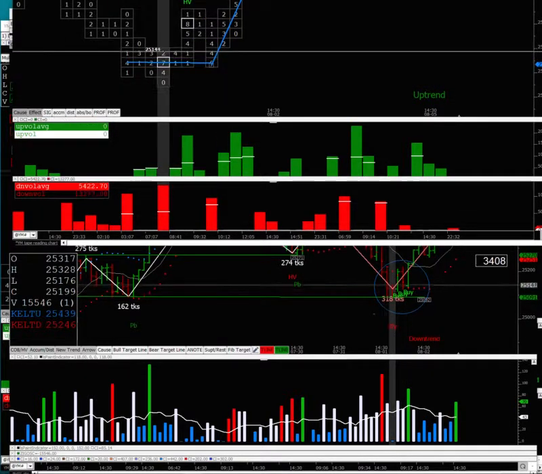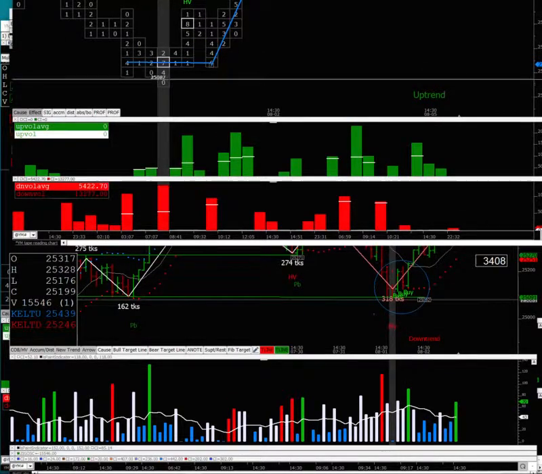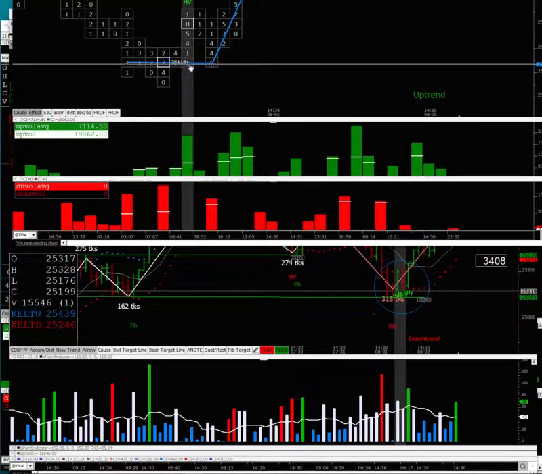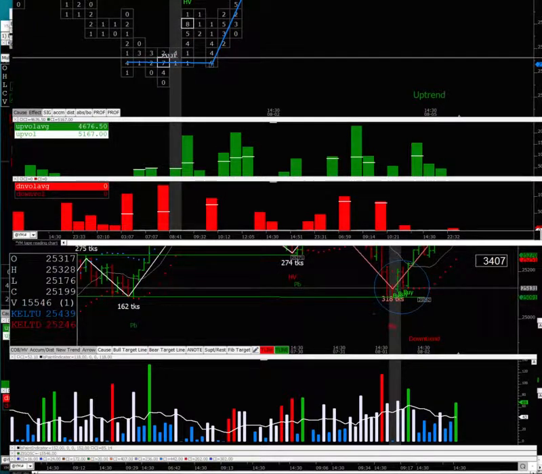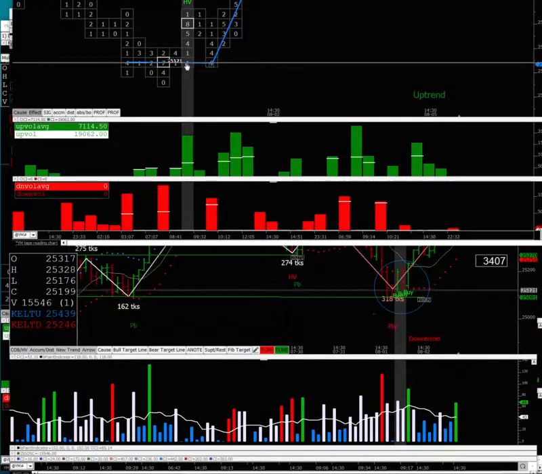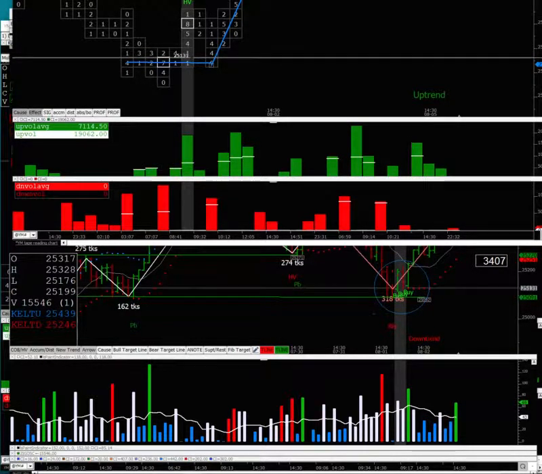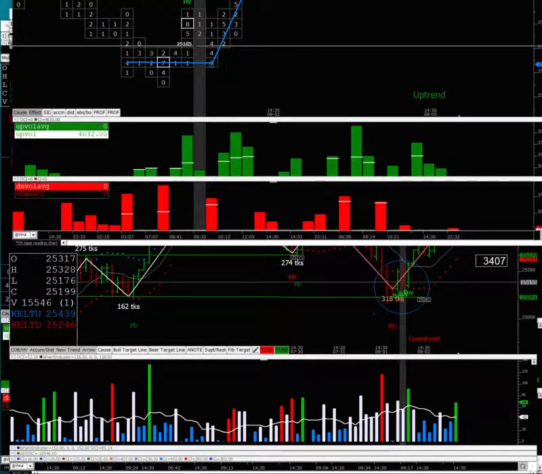You have this occurring, and then what happens? It reverses up. That's like your sign of strength or heavy buying. How much buying? 19,000 contracts on this up wave or up column when the average is 7,114. Again, average is 7,114.